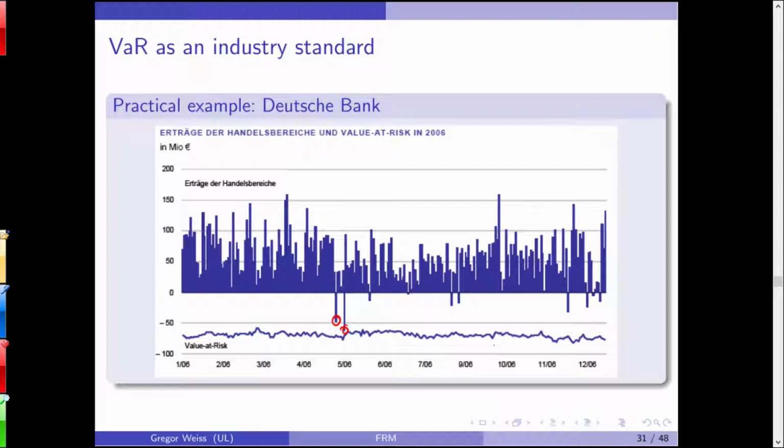But, of course, if the loss is like this, it might be okay. If you have a loss that goes like this, it could be life-threatening for the bank. But at least this much capital is being kept as a buffer by the bank, and it might be able to cover these losses.